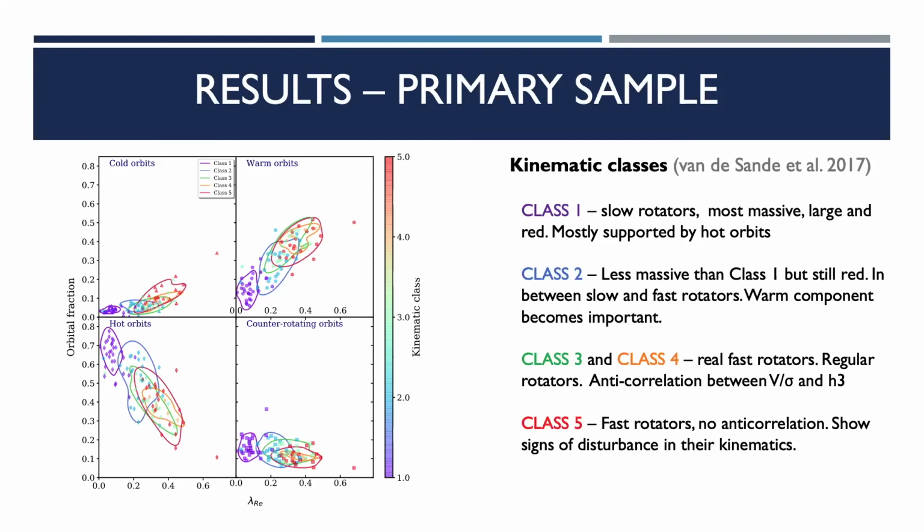For example, if we have galaxies that are fast rotators but do not show any anti-correlation between V over sigma and H3, well, not easily, but we can have a better understanding of their fraction of cold orbits, or at least have an idea of what fraction of orbits of each component they have.